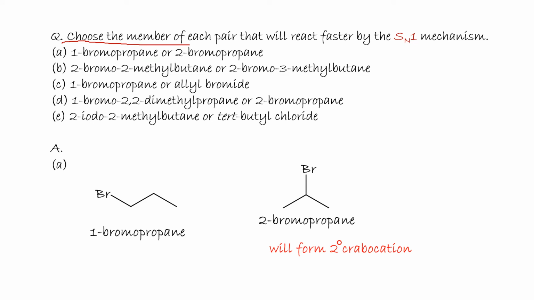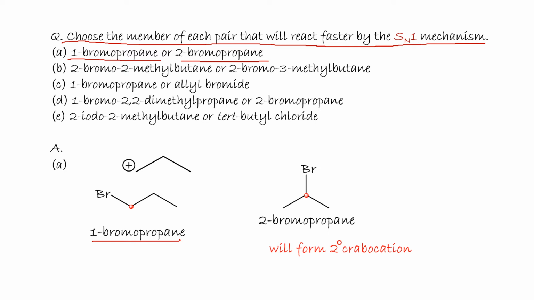Choose the member of each pair that will react faster by the SN1 mechanism. 1-bromopropane or 2-bromopropane. For the structure 1-bromopropane, this carbon is a primary alkyl halide, so you expect it to give a primary carbocation.